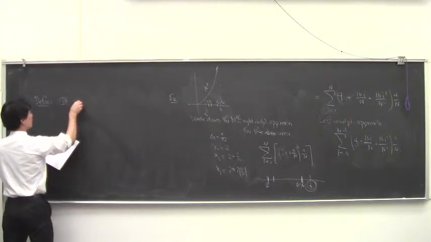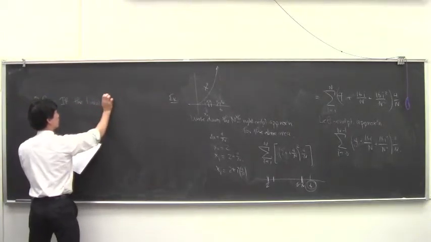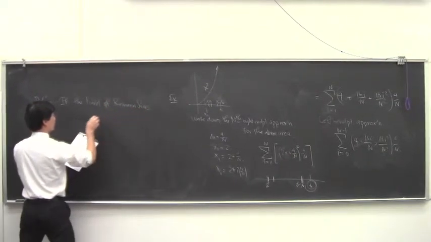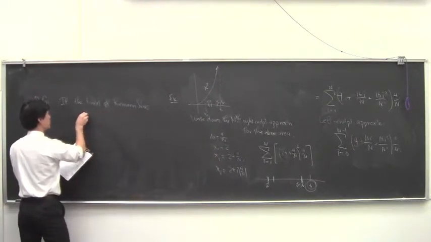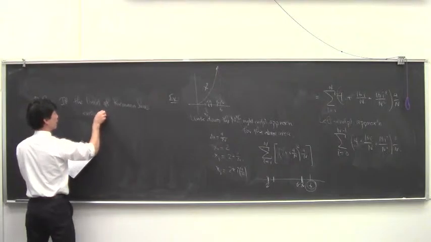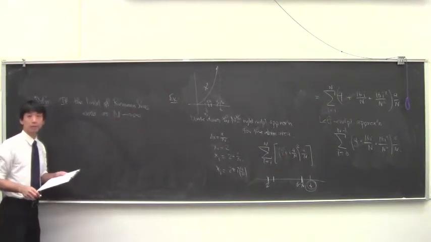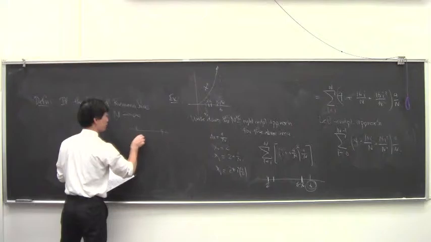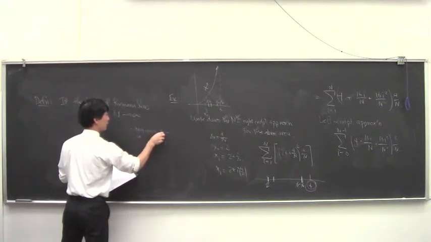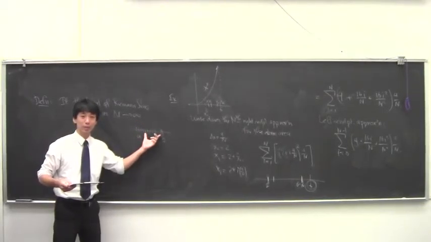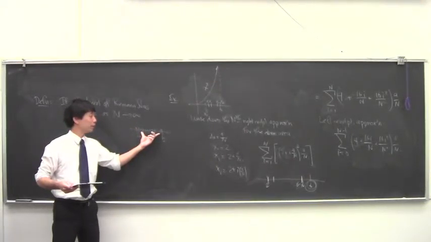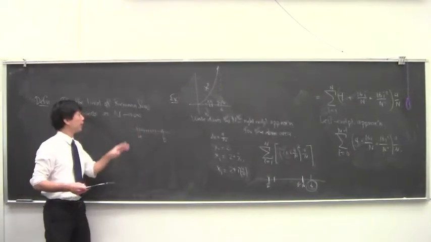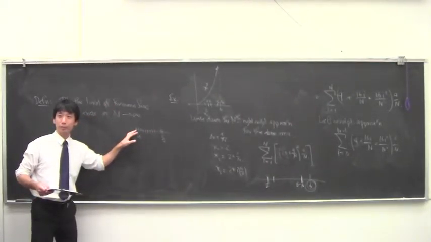If the limit of Riemann sums exists as n goes to infinity, so you have something like this: you partition it into endpoints, you make a Riemann sum, you partition it finer, you make another Riemann sum, and it turns out that this limit exists no matter your choice of points.